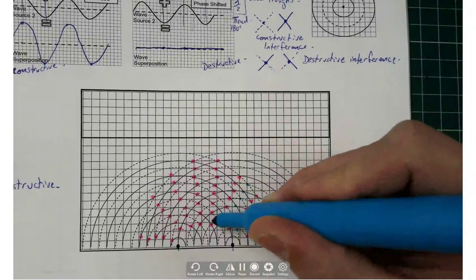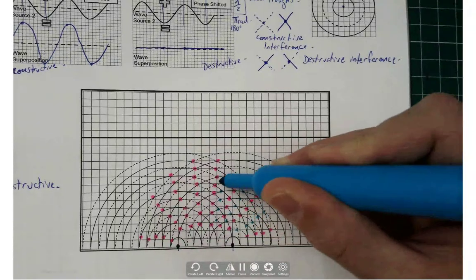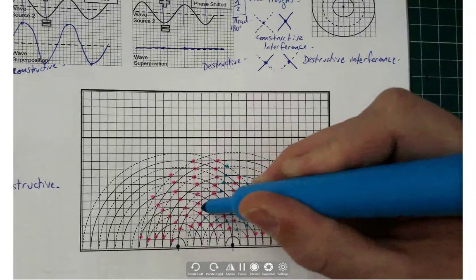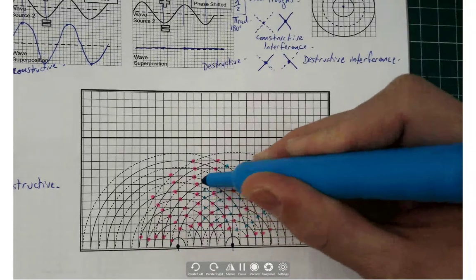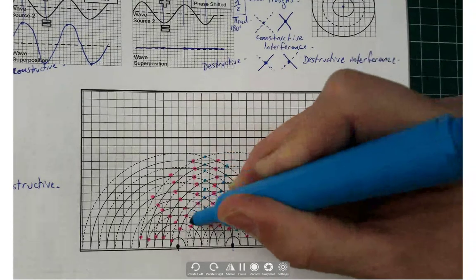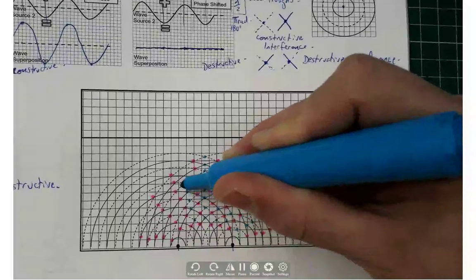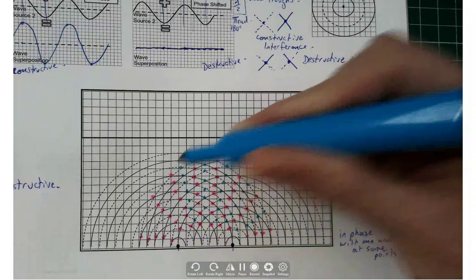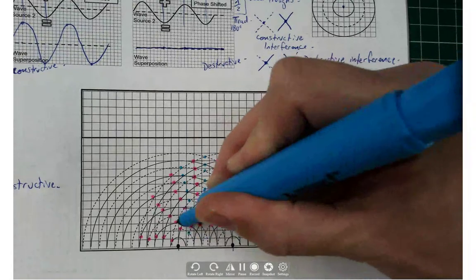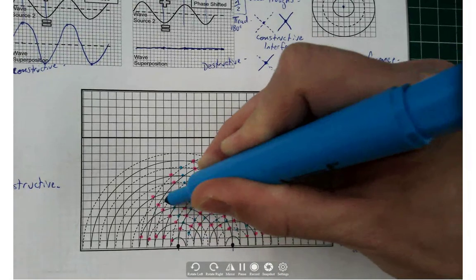But what you notice is that the pattern gets better. Not only are the pink ones in a line, but the blue ones are also in a line, and the blue ones are halfway in between the lines of pink ones. Once you have the pink ones laid down, the blue ones go pretty. Constructive? Yeah, blue is where constructive is happening.